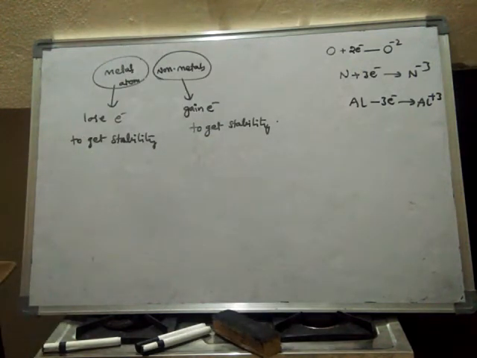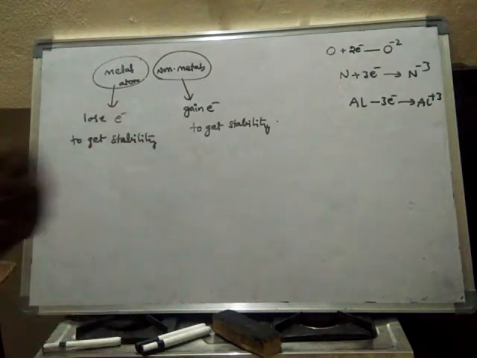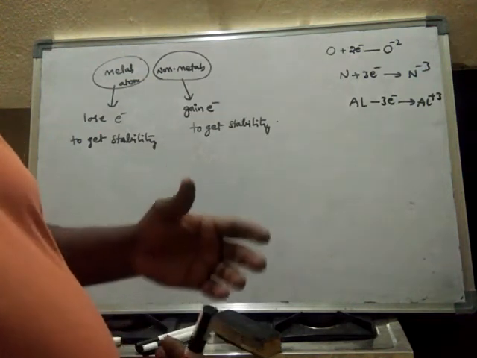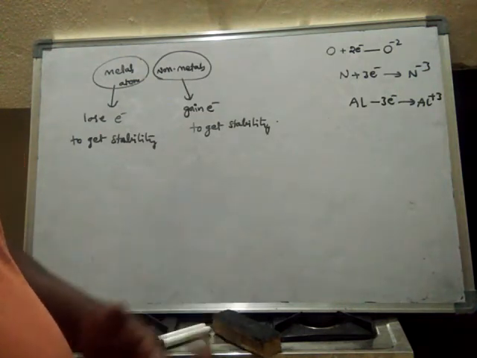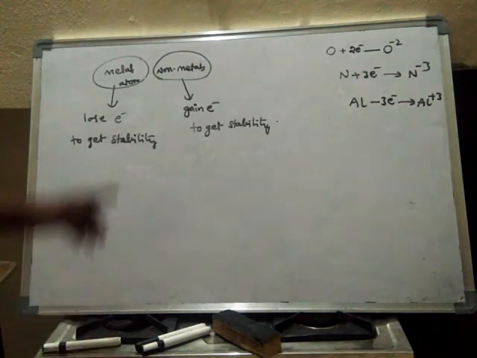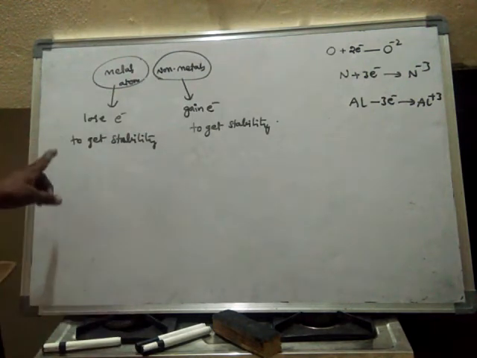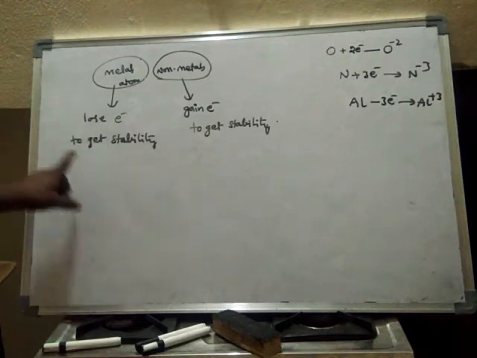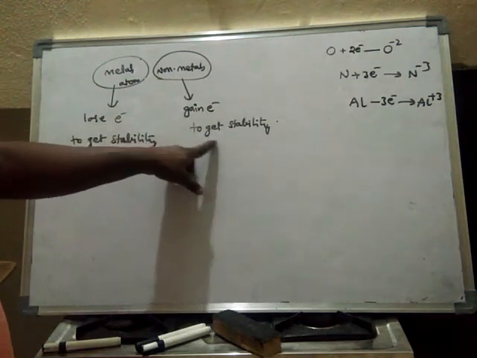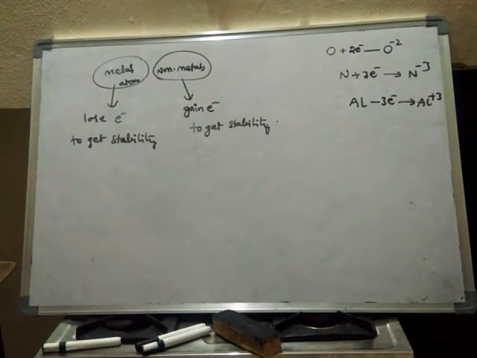So based on the nature of the atom, either it loses electrons or gains electrons, and all the atoms are classified into metals and non-metals. Atoms which lose electrons to get stability are said to be metals. Atoms which gain electrons to get stability are said to be non-metals.